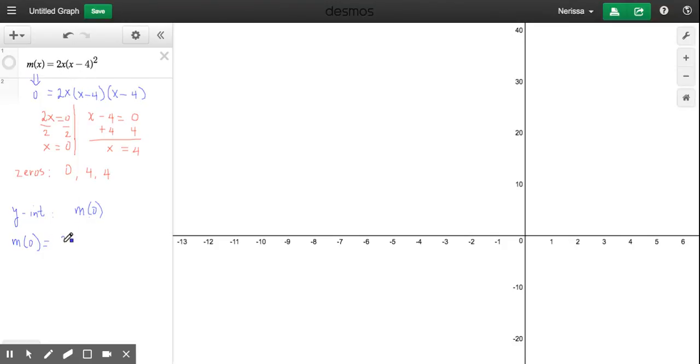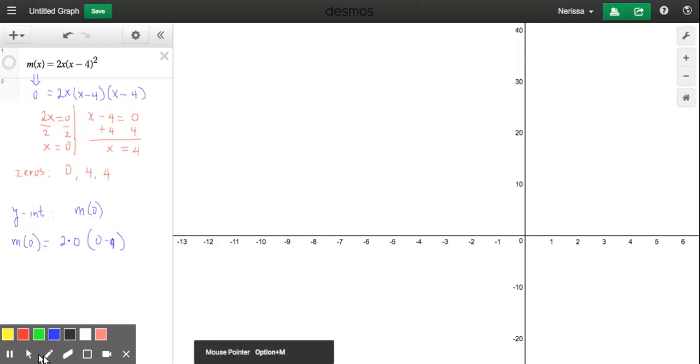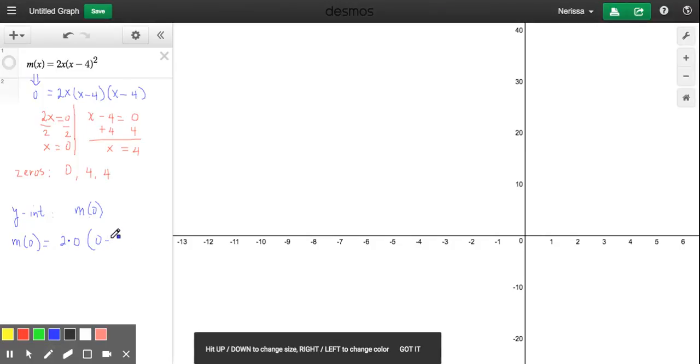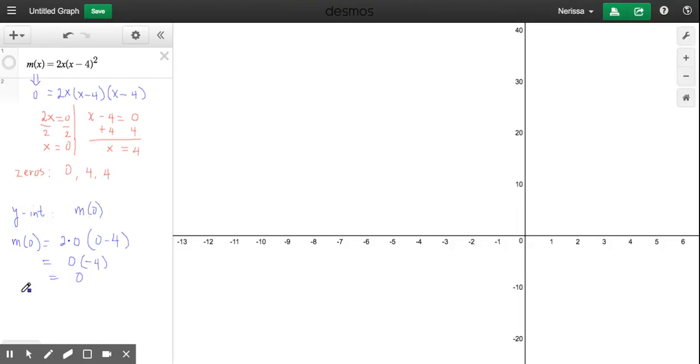So 2x becomes 2 times 0 times 0 minus 4. Now 2 times 0 is 0. 0 minus 4 is negative 4. And we know that this is going to be 0. So the y-intercept is 0.